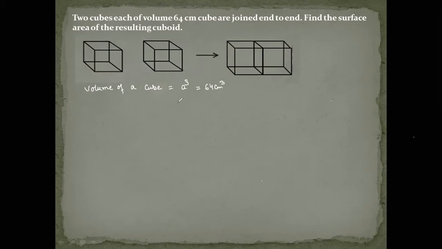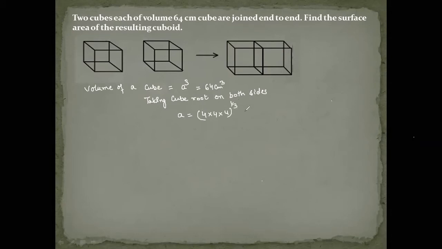So if we take the cube root on both sides, we have a equals the cube root of 64, and 64 can be written as 4 into 4 into 4.